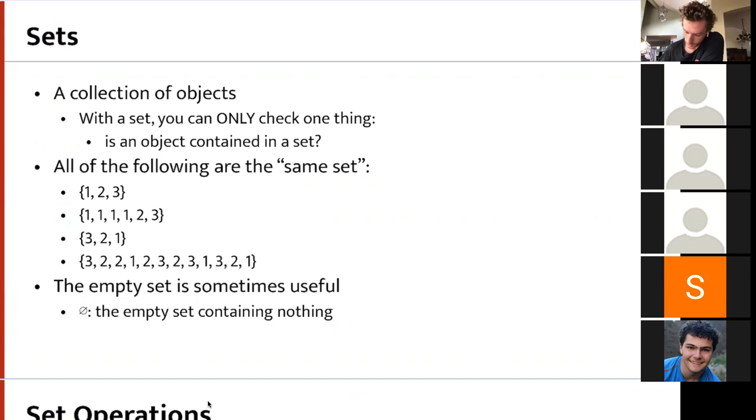All of these things are the same set because set elements are unique. These are things that you probably know from 203 or linear algebra if you've taken it, or analysis if you've taken it. Yeah, no duplicate elements in a set. All you do is check for membership. That's all you need.